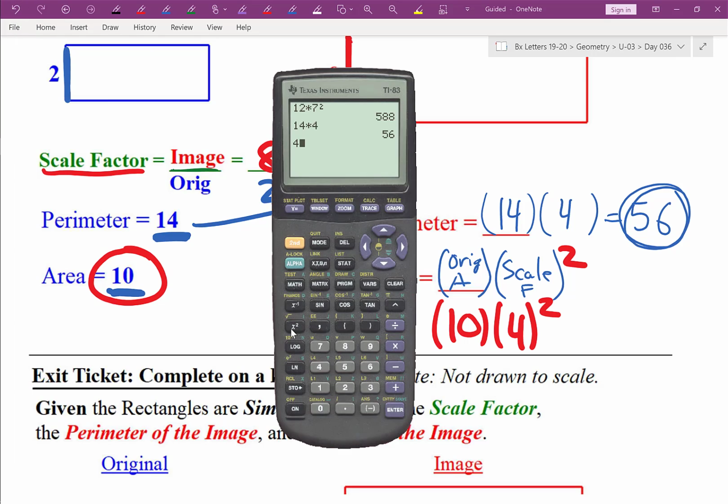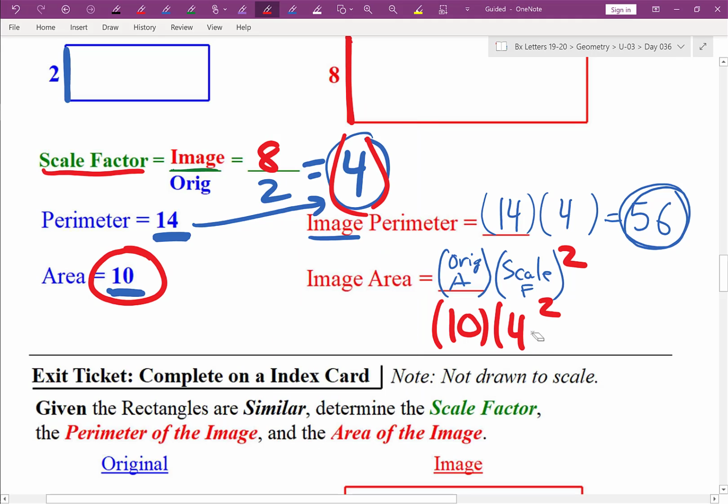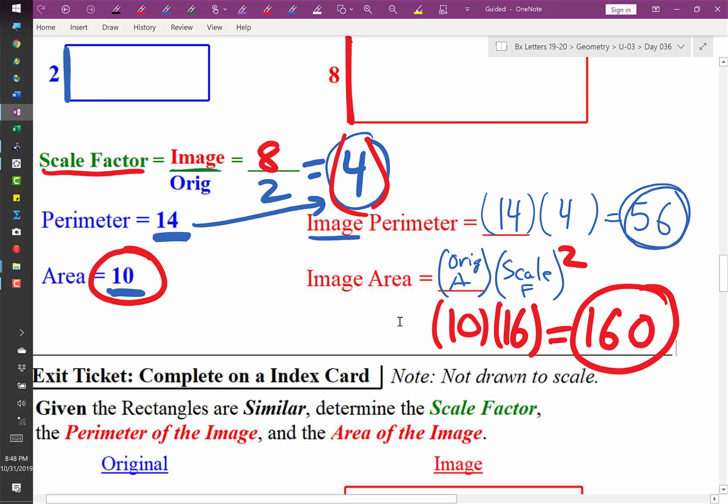It's 4 squared. It is 4 times itself. It is 16. If I do 10 times 16, my scale factor squared, that's 160. And that's what that area should be. Okay?